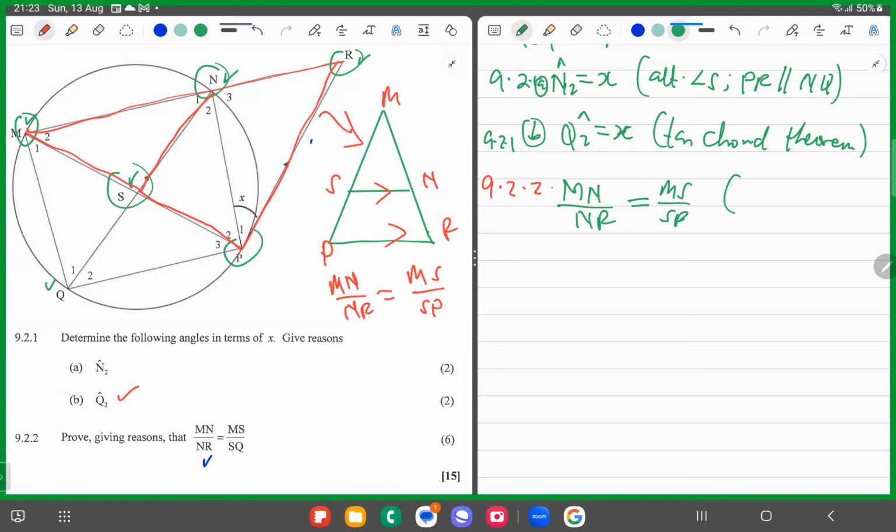The reason is that QN is part of this, and this is the proportionality theorem.